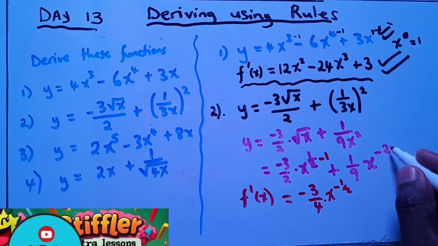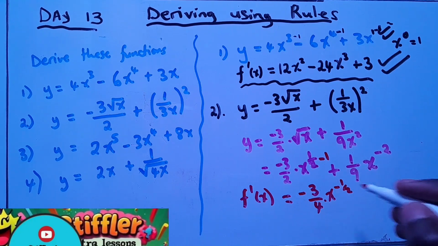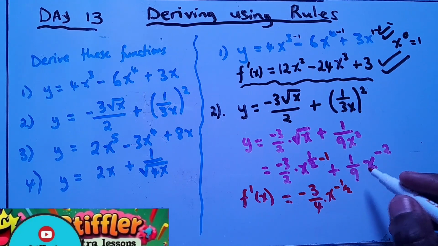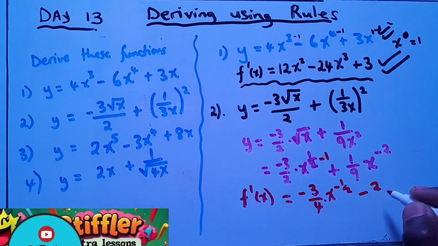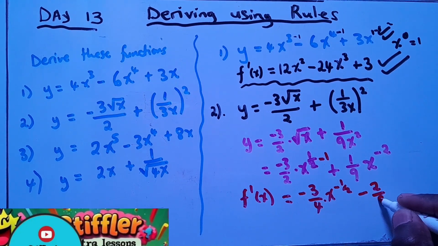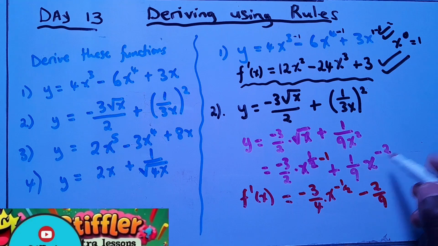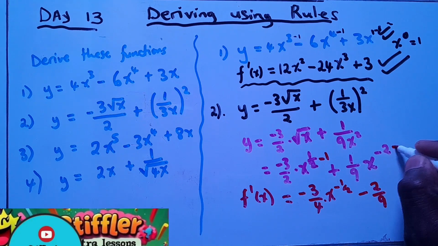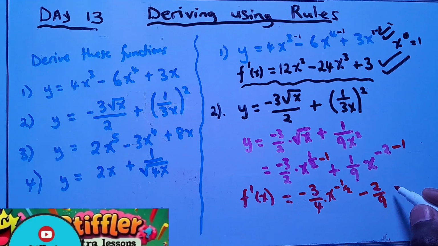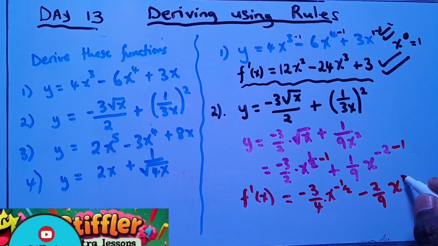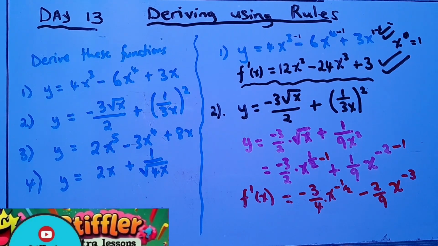And then negative 2 multiplied by this, that is positive 1 over 9. So we're going to get negative 2 over 9. And then x to the power negative 2, we subtract 1 again. So negative 2 and negative 1 will just give us negative 3, like that.